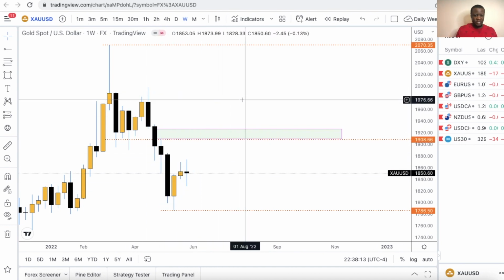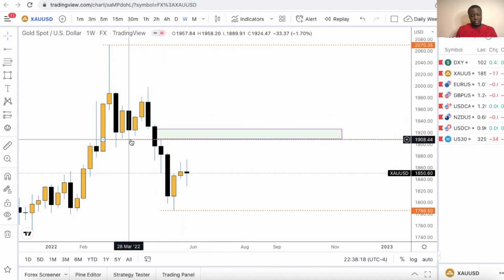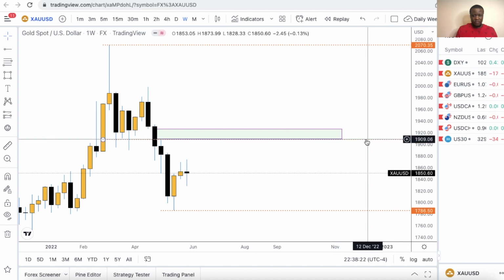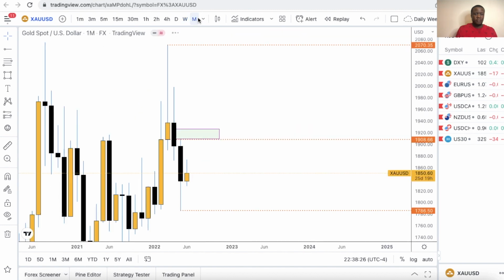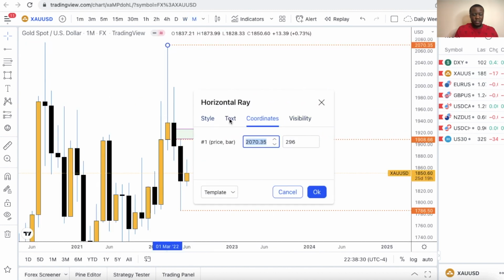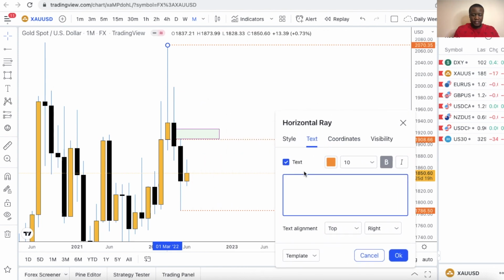And as you can see, it is confluence as well with the monthly return candle level. So one second, let me go back to the monthly as well. One thing I like to do is write down what these levels are.